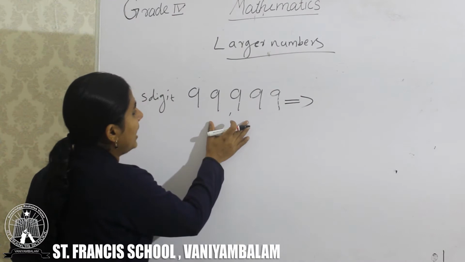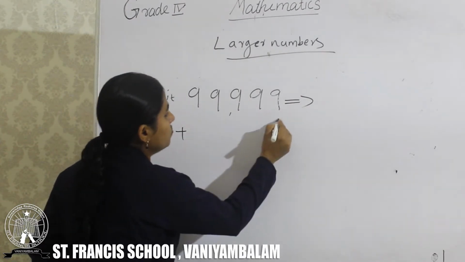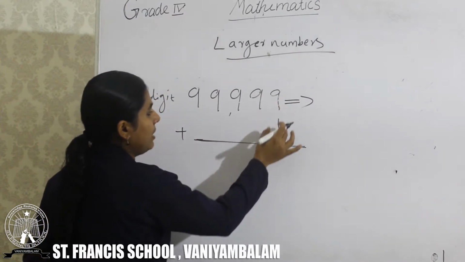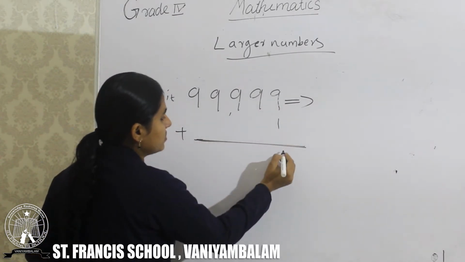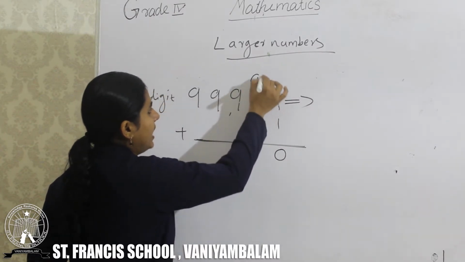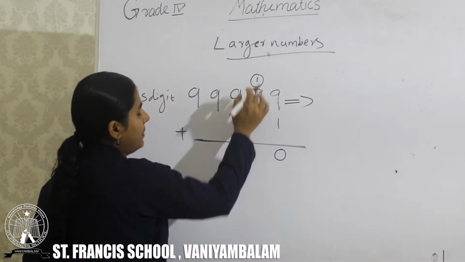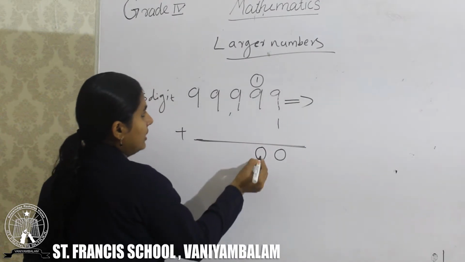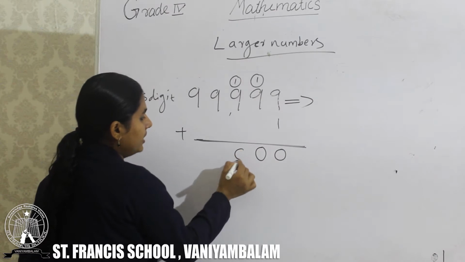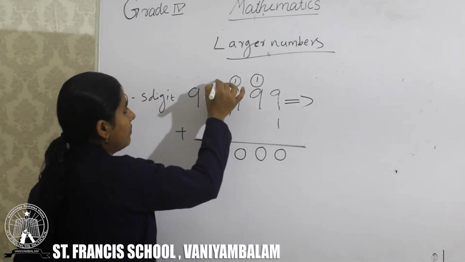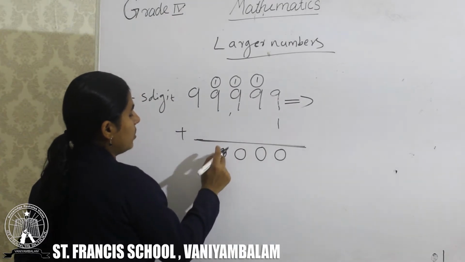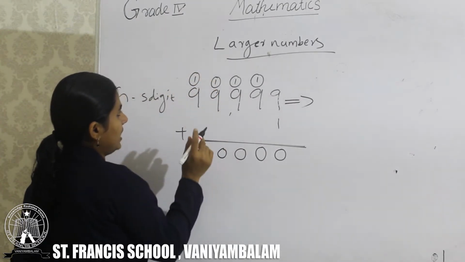Then this 5-digit number plus 1, we get which number? 9 plus 1, 10. Okay, we can write 0 here, then 1 carry to the next place. Then 9 plus 1, 10. Then another one we carry to the next place. 9 plus 1, 10, 0 we write here, 1 carry to the next place.